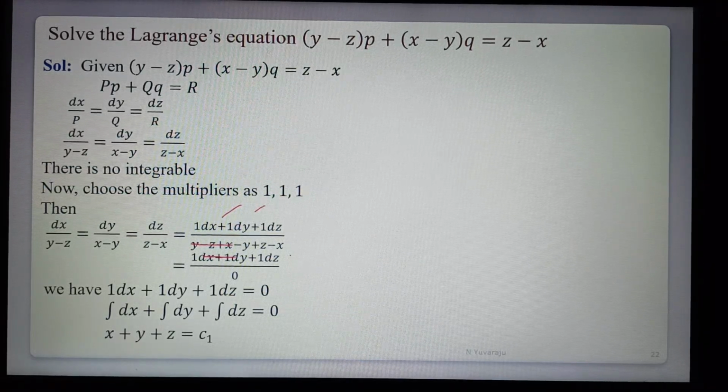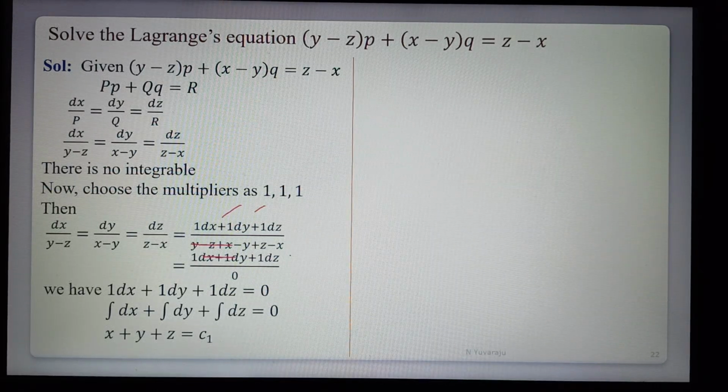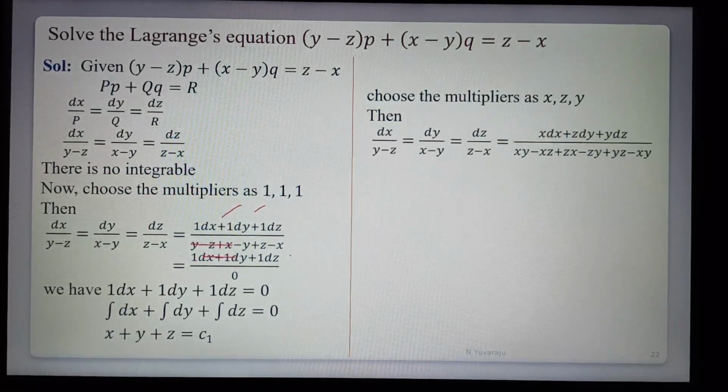Okay? Now choosing the second set of multipliers, but don't choose multiples of 1, 1, 1; choose other multipliers. Choosing the multipliers x, z, y. First multiply x, z, y with the given auxiliary equation.